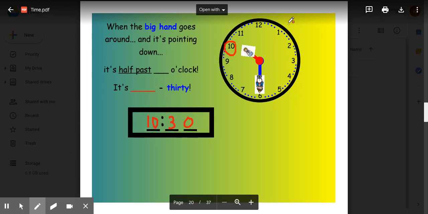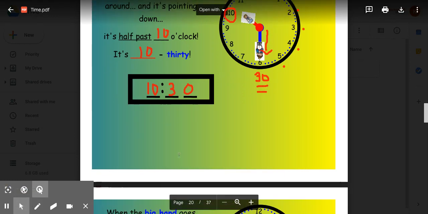It is 10:30. 5, 10, 15, 20, 25, 30. When the big hand goes around and it's pointing down, it's 10 o'clock. It is 10:30. Remember, when the minute hand is pointing down at the 6, it is always 30 for the minutes.